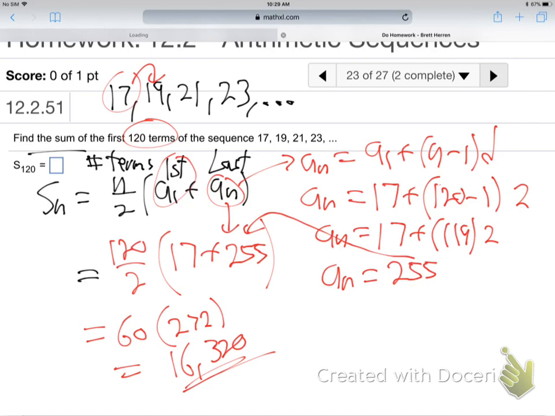Yeah, 119 times 2, good, so you get 238. And then you added 17. That should work. 238 add 17, it's 255. Yeah, you're good. Your method's perfect. That makes sense? All good there on that one? So basically on this one, you need A sub n, you go use the A sub n formula.